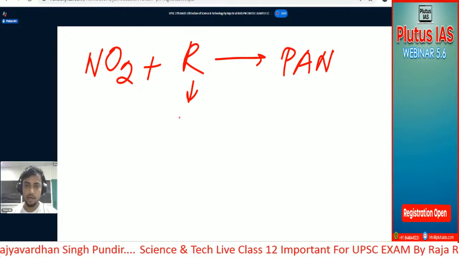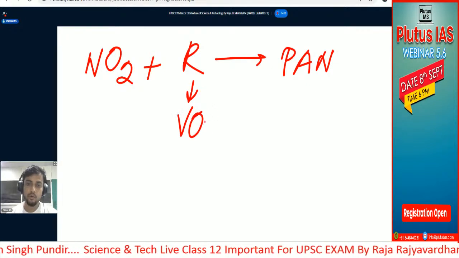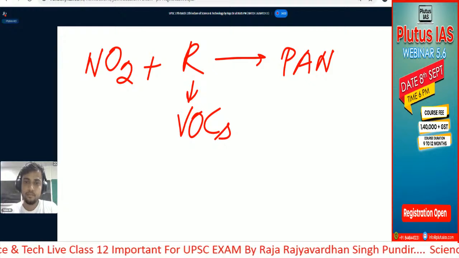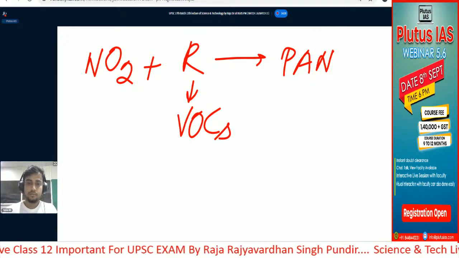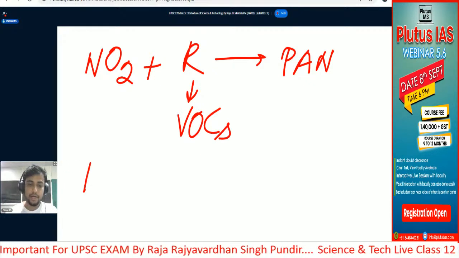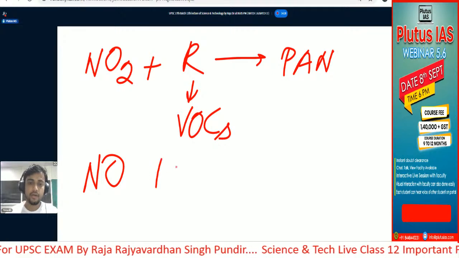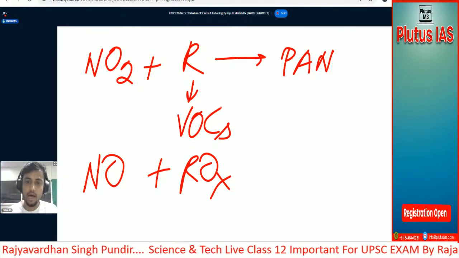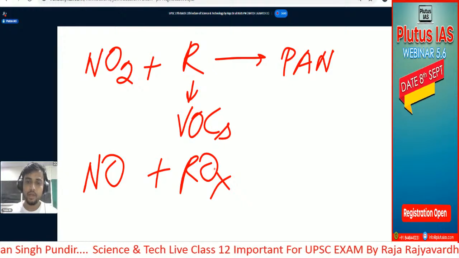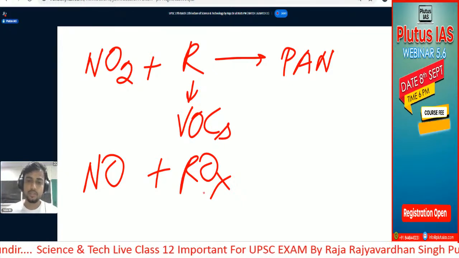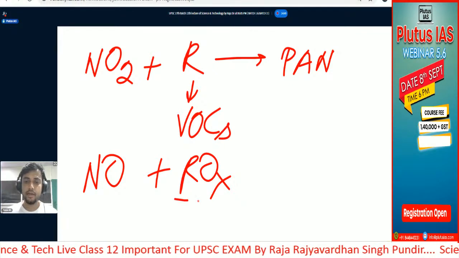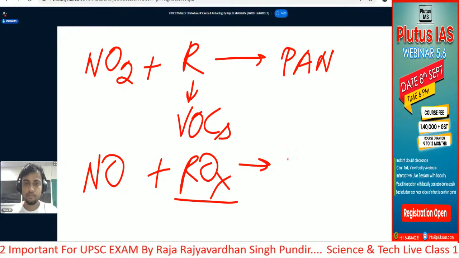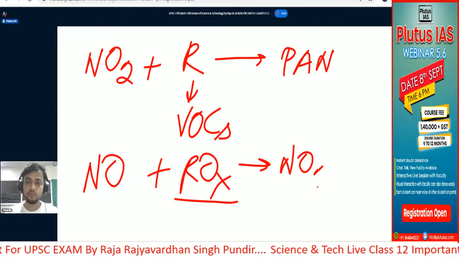And these are hydrocarbons. Hydrocarbons are sourced from volatile organic compounds. And the nitric oxide reacts with ROX. ROX means R is hydrocarbon and O is oxygen. So these are oxygenated hydrocarbons. And from this reaction, again NO2 is produced.